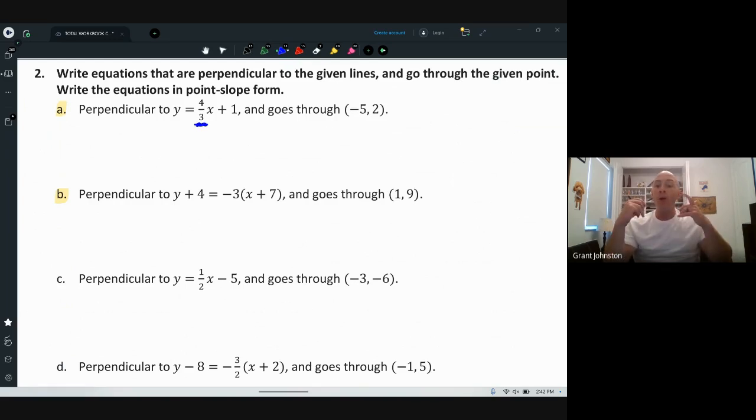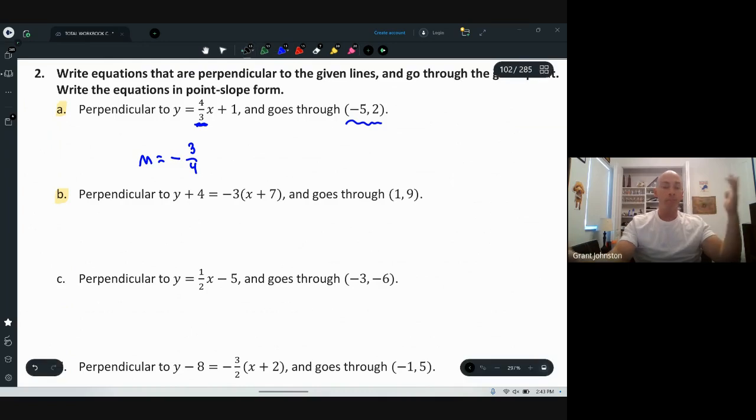In order to be perpendicular, the slope has to be the negative reciprocal of 4/3. So the slope of our new line would have to be -3/4. I just flipped it and made it negative.